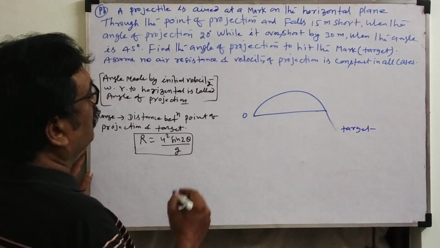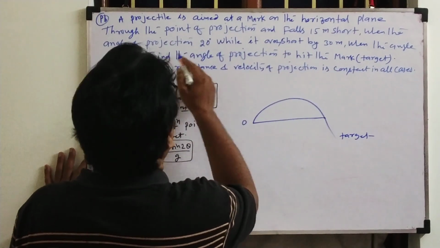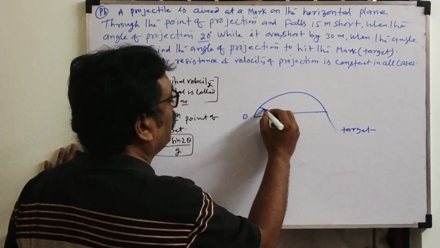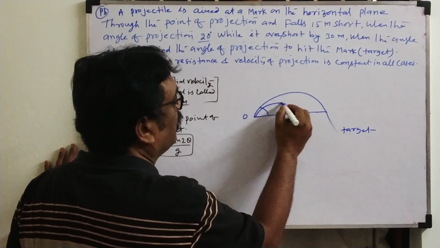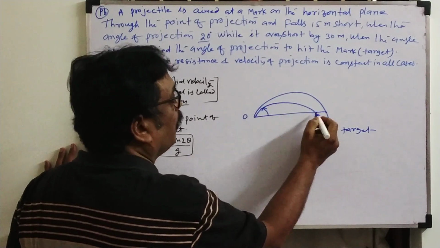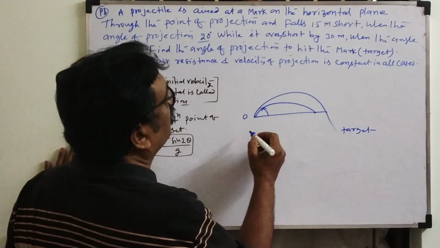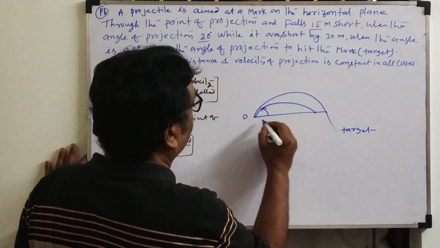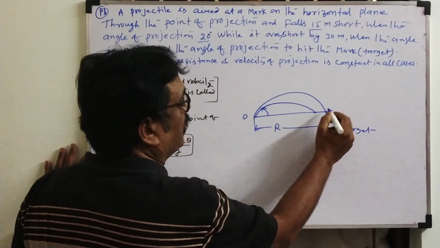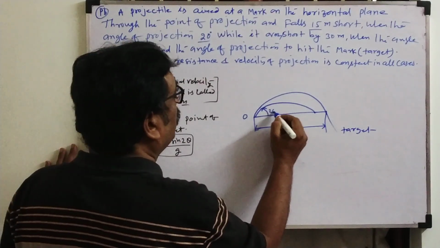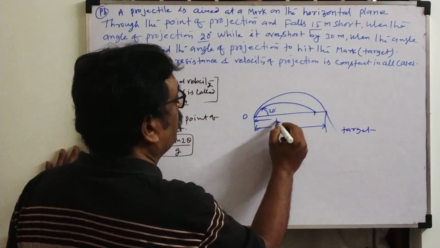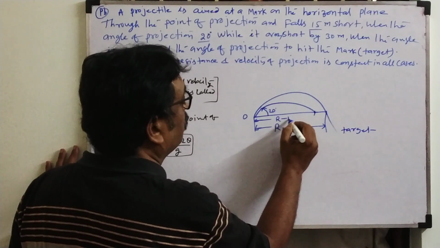It falls 15 meters short when the angle is 20 degrees. If we throw the ball at an angle of 20 degrees, the ball hits before the target by 15 meters. The total length is the range R, so where it lands is R minus 15.